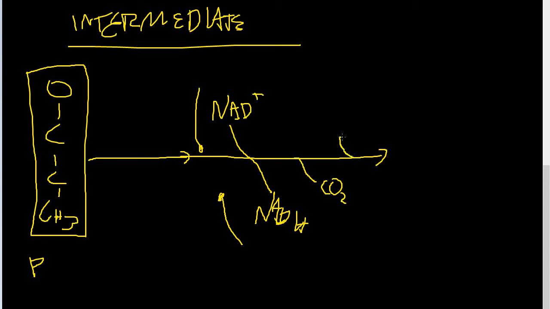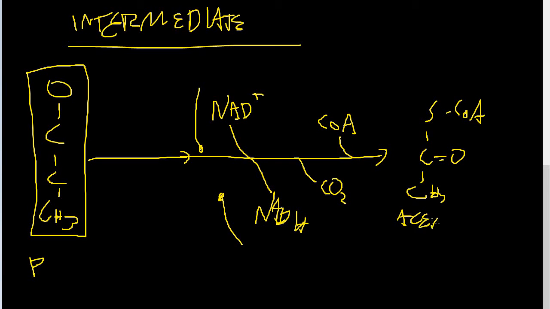Coenzyme A, CoA for short, is added, and then you're left with acetyl-CoA, which is S-CoA, carbon double bond O, CH3, which is acetyl-CoA. It's kind of messy, but you get the idea.